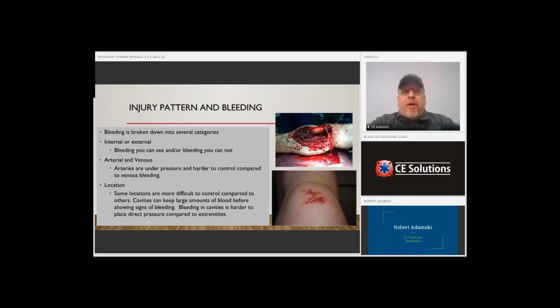In addition, you can also categorize hemorrhage and bleeding based on the blood vessel that's actually damaged. And so you have arterial versus venous bleeding. Obviously, arterial bleeding is the more serious. It tends to be the more life-threatening versus venous bleeding, which can still be serious, but usually is not as life-threatening or critical as arterial bleeding.